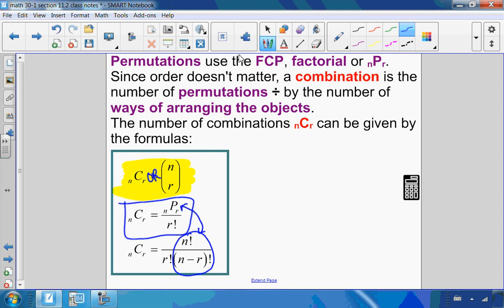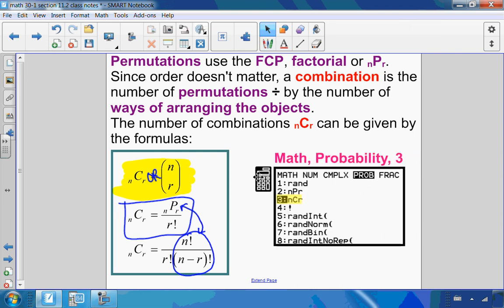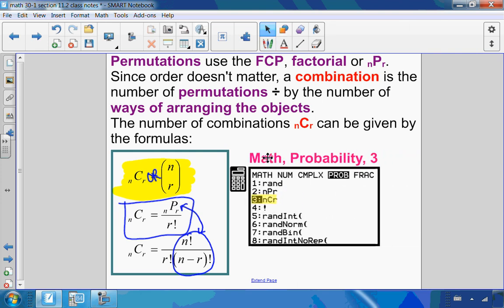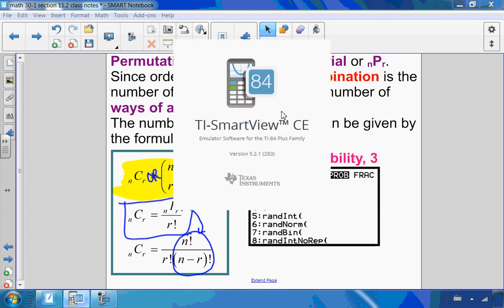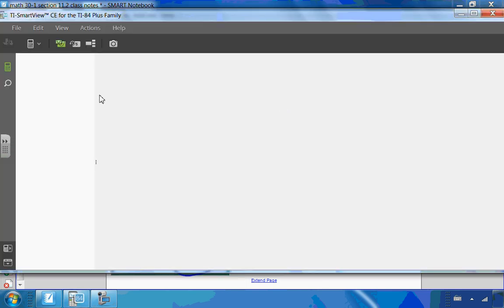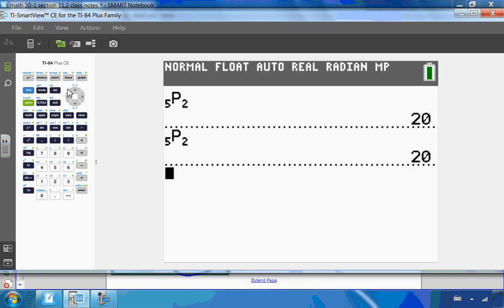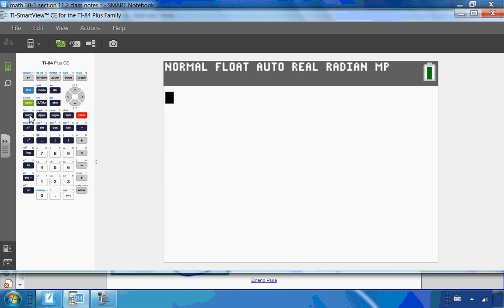Now, just like we had a permutation button on our calculator, we also have a combination button on our calculator. So that's math, probability, over to number 3 for combinations. So let's look at that. For the combinations, I'll just show you again where that is, and I'll show you if you have a CE calculator where that will be. Okay, so we were doing permutations last time, so here's where my combination is.